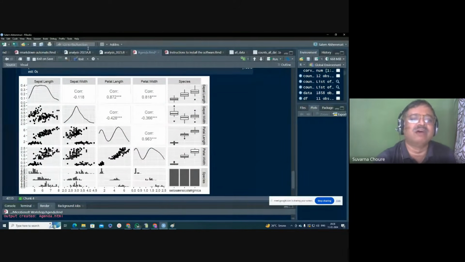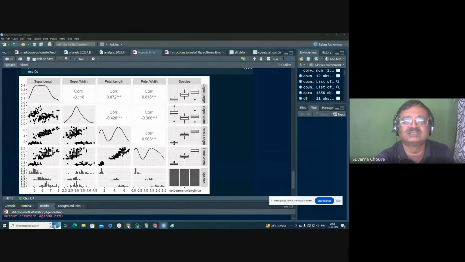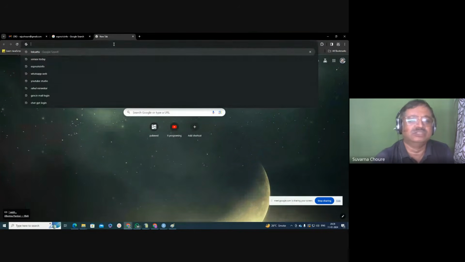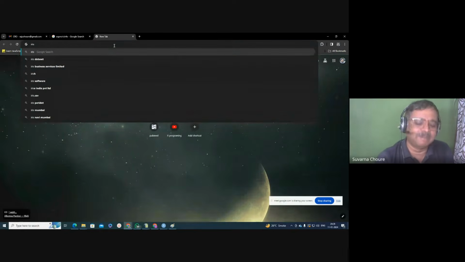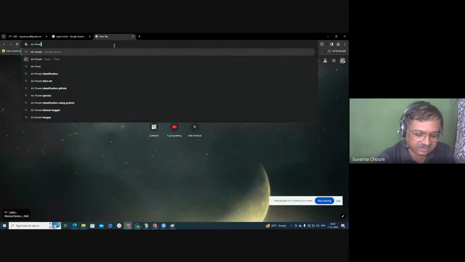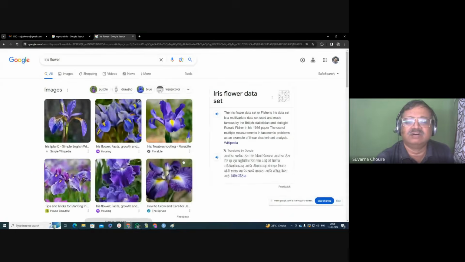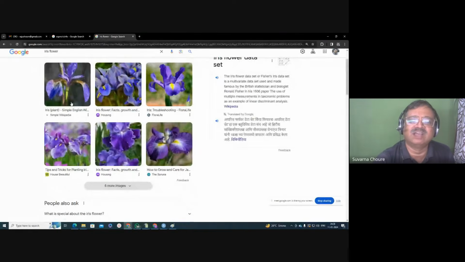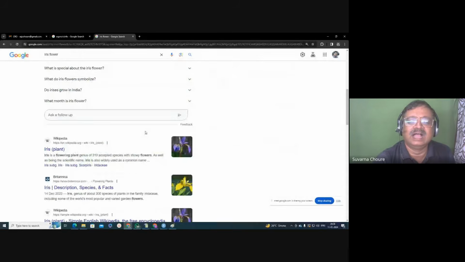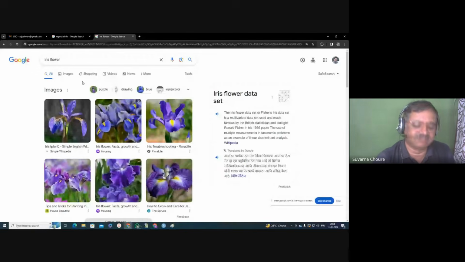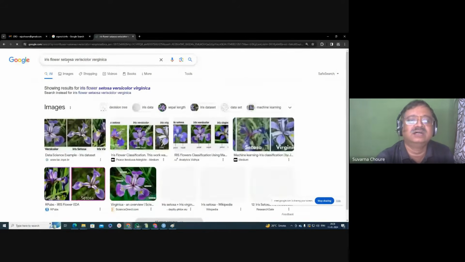These are iris flowers. If you want to see the flowers, I'll show you and then you can appreciate them. Okay, this is the iris flower, and there are three varieties: setosa, versicolor, virginica.